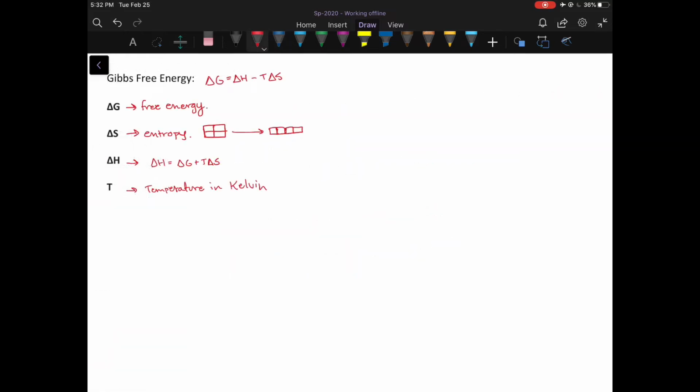So to determine whether a chemical reaction requires or releases energy, we have to talk about Gibbs free energy, which is the amount of energy in a system that is able to do work. And Gibbs free energy will tell us whether a reaction is spontaneous or non-spontaneous.